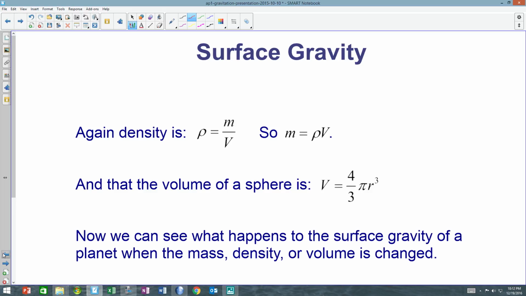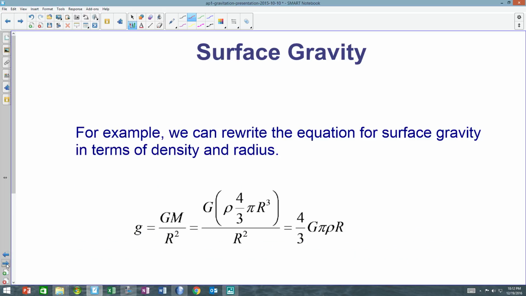So now what we're going to do is look at surface gravity in terms of the planet's mass, density, and volume. Again, we're going to replace mass with density times volume. We're going to assume that the volume is a sphere, which is 4/3 pi r cubed.